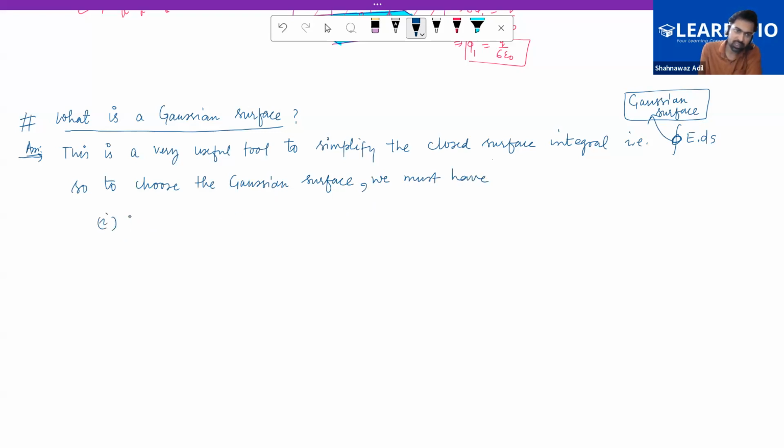First thing is that E is uniform, right? So that it comes out of the integral.